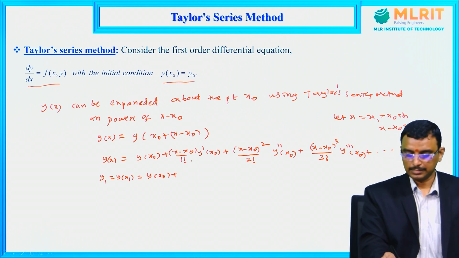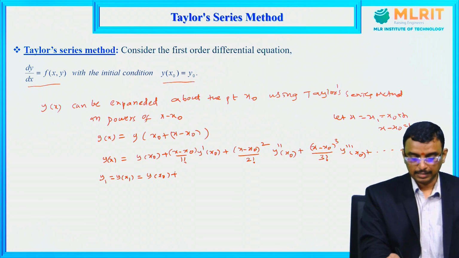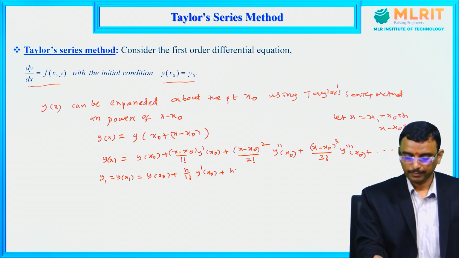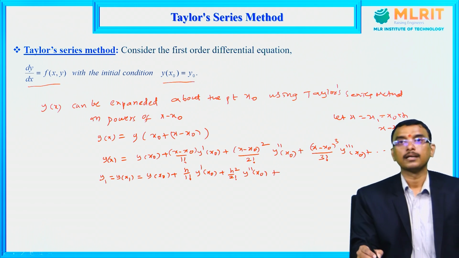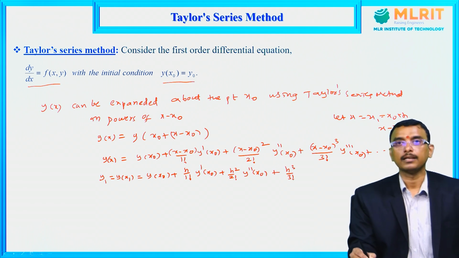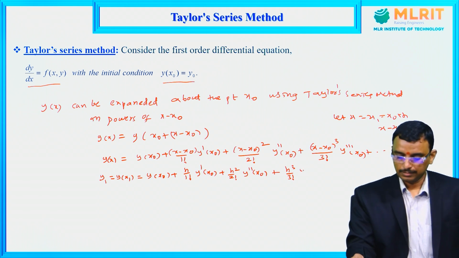Here x minus x naught is the interval difference, so we replace it with h: h by 1 factorial into y dash of x naught, plus h square by 2 factorial into y double dash of x naught, plus h cube by 3 factorial into y triple dash of x naught, and so on.